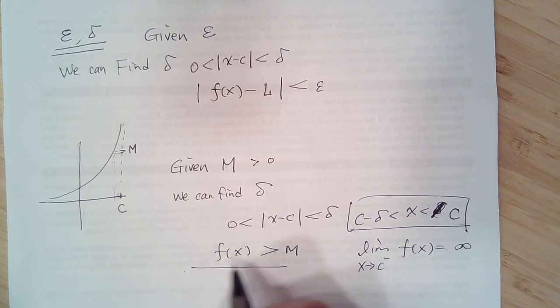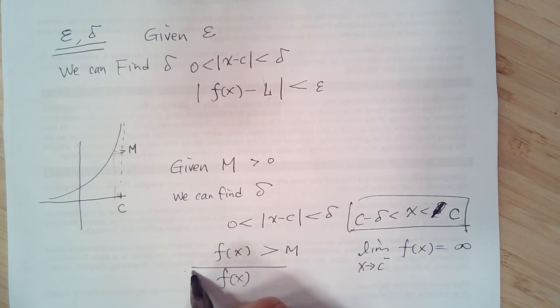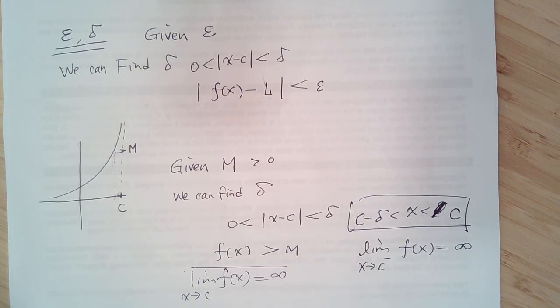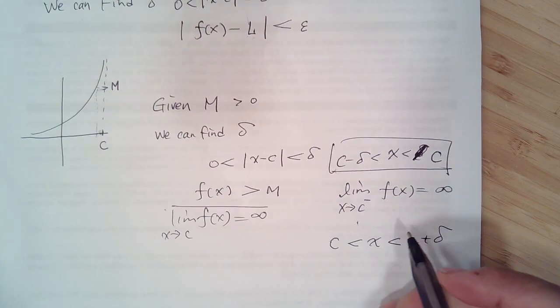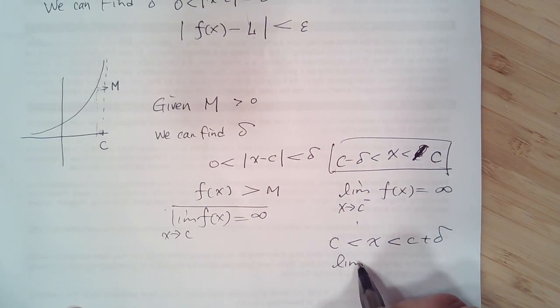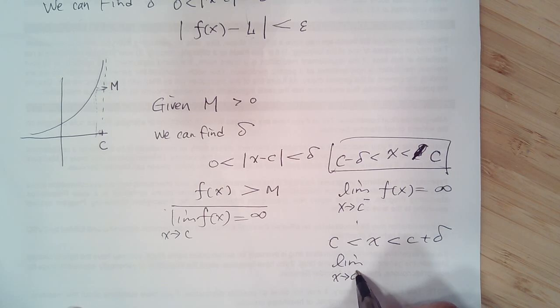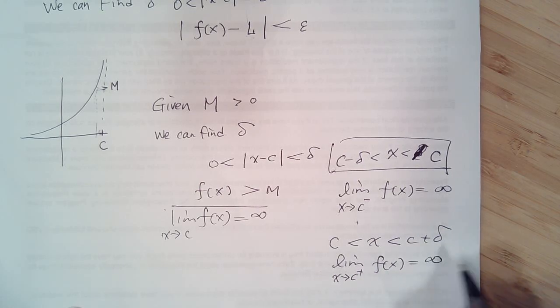And this shows the limit of f of x as x approaches c equals infinity. It doesn't matter whether it's positive or negative. This is the negative side. Of course, the right side is going to be c less than x less than c plus delta, which gives you the limit as x approaches c from the right of f of x equals positive infinity.